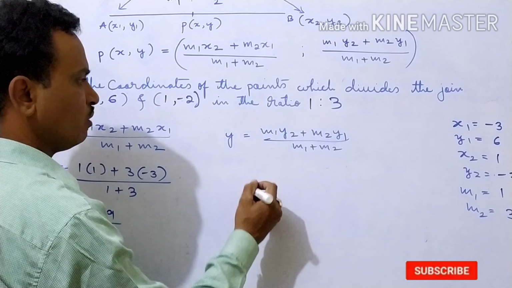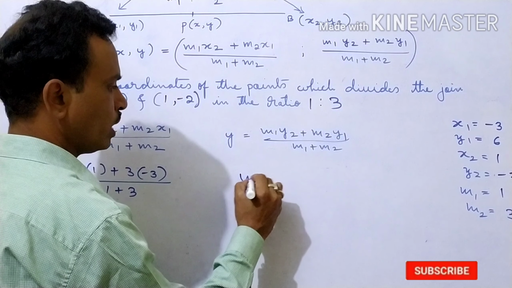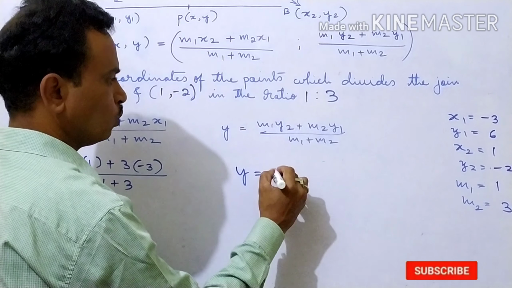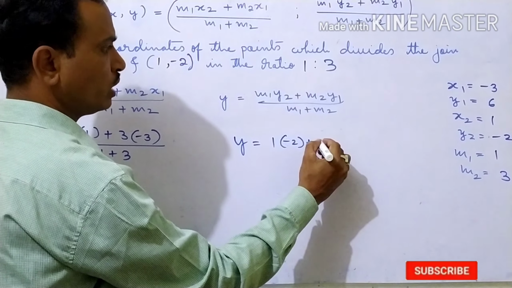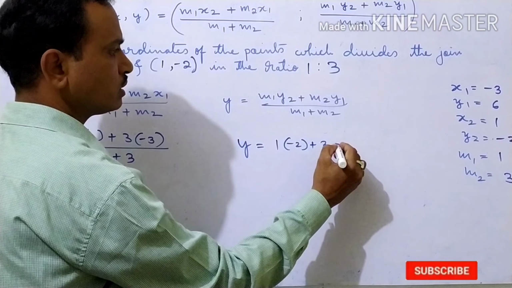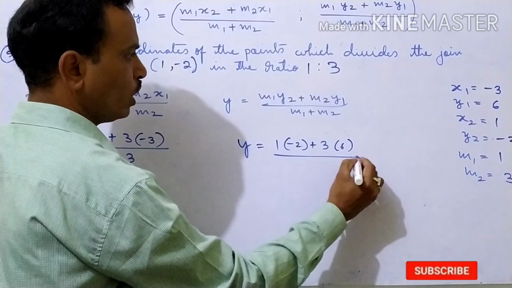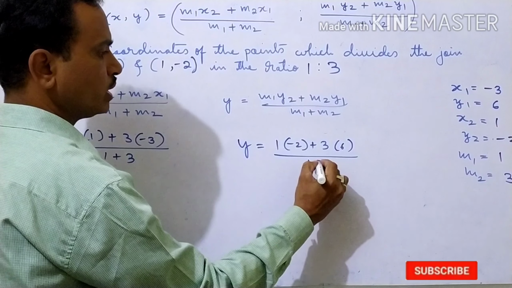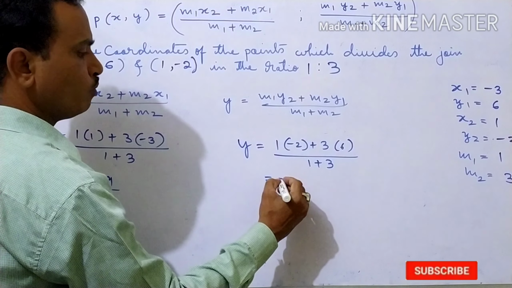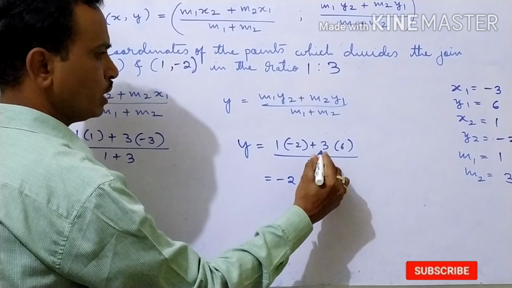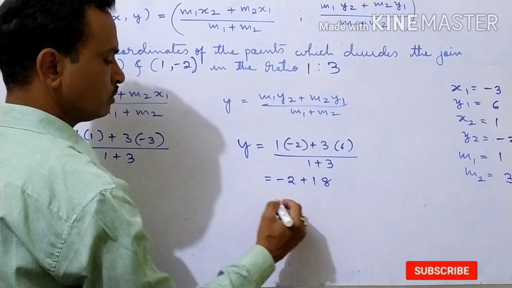Similarly, we should find the y value here. So y is equal to m1 1, y2 minus 2, plus m2 3, y1 6, whole divided by m1 plus m2, 1 plus 3. This is equal to 1 into minus 2, plus 3 sixes are 18.